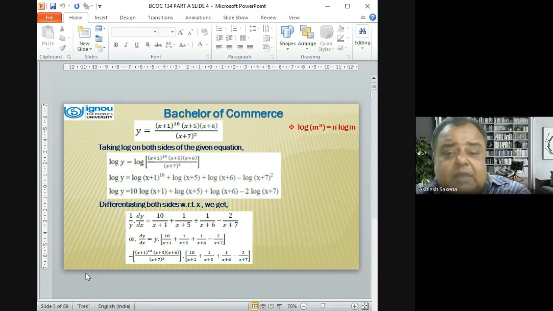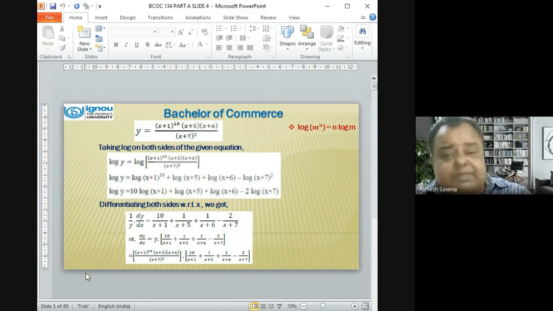So it will become log x plus 1 raised to the power 10 plus log x plus 5 plus log x plus 6 minus, because it is in the division, it will become minus, and it will become log x plus 7 power 2.